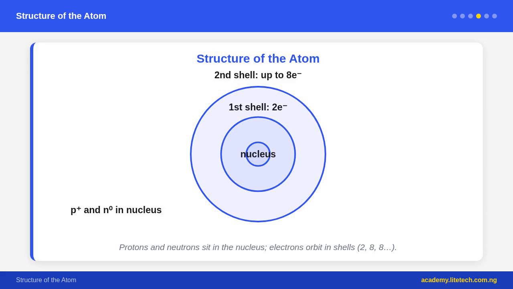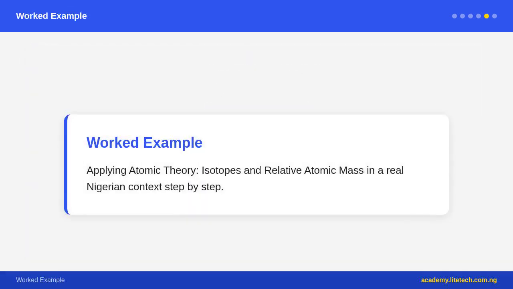Relative atomic mass, Ar, is the average mass of one atom of an element, relative to 1/12 of the mass of a carbon-12 atom. It is a dimensionless number. Formula: Ar equals the sum of fractional abundance times mass number for all isotopes. Worked example 1: chlorine has two isotopes, 35Cl, 75% abundance, and 37Cl, 25% abundance.